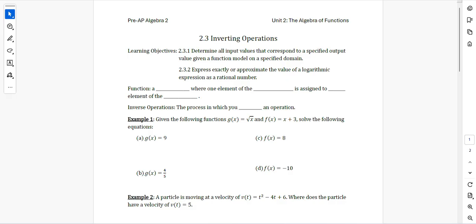Now, sometimes we won't be able to do an exact rational number. That's why we're approximating as well. Now, as I was creating the notes today, and as I was thinking about the examples, and looking back on some of the things we've already worked through, we have not even defined what a function is.